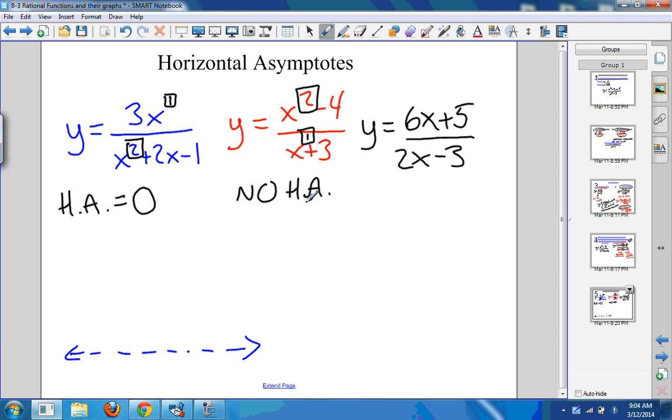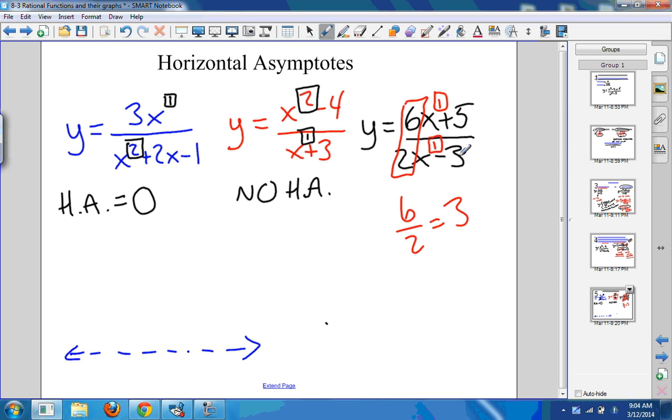And lastly, if we have the same degree, my horizontal asymptote is going to be whatever value these are, 6 over 2, 3 is 6 over 2, right? Whatever the coefficient values are simplified, is the word I'm looking for.